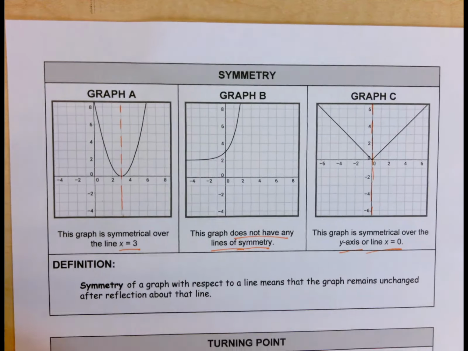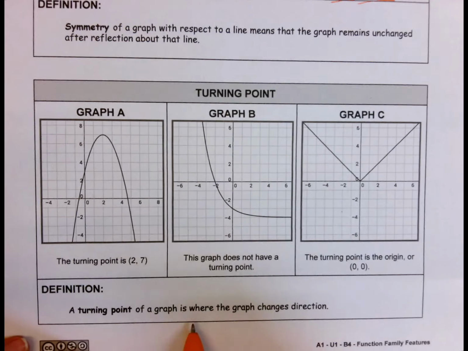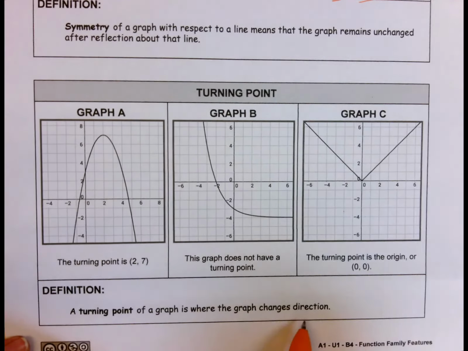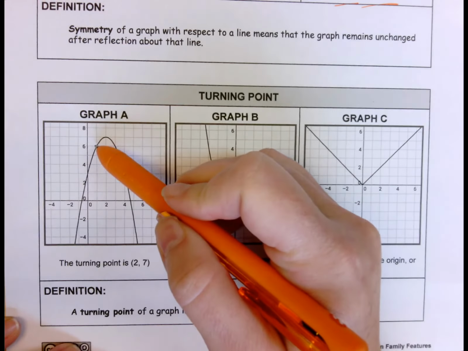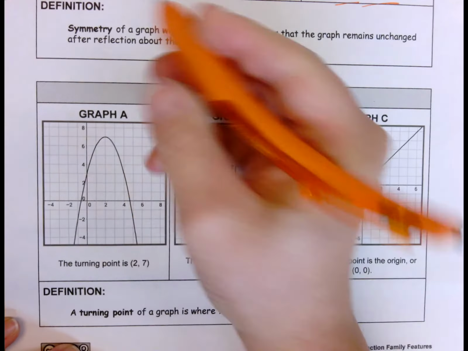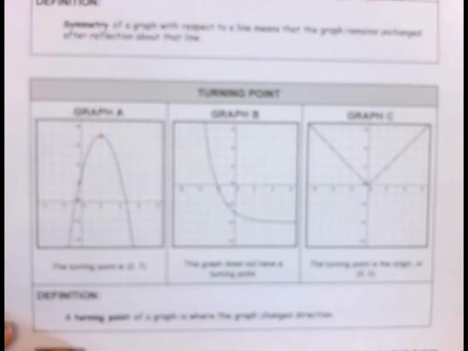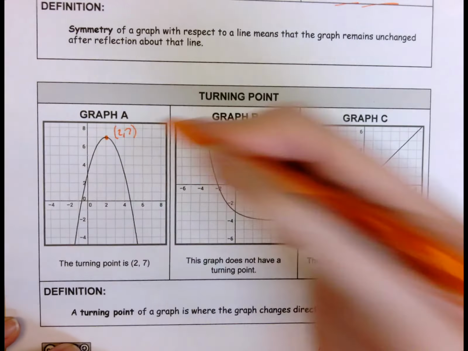Okay. And then the last one we're going to talk about is a turning point. So a turning point is where the graph changes direction. So if you see the graph is moving positive here, and then at some point it changes and starts moving in a negative direction, that's the turning point. It's at 2, 7. Okay.